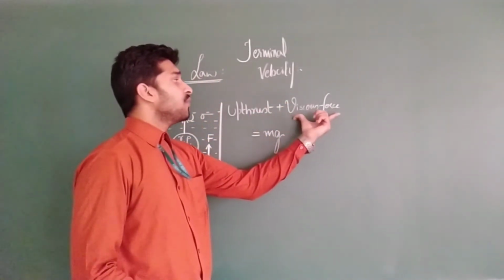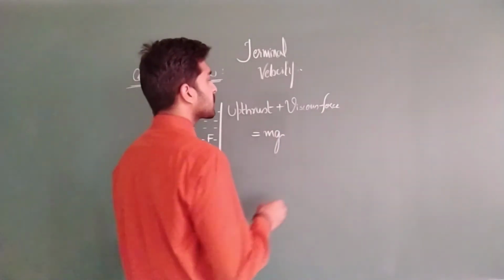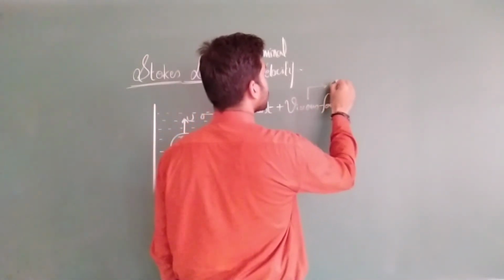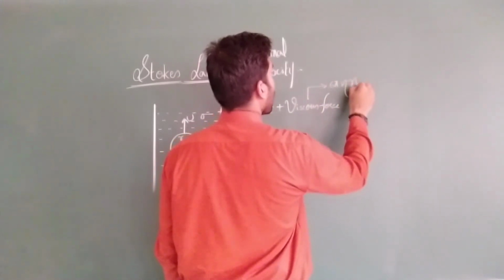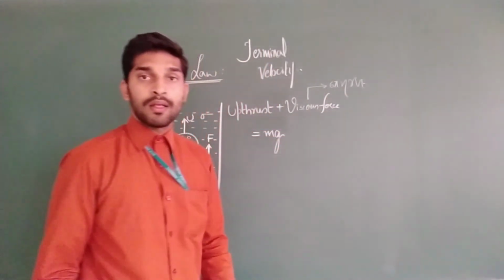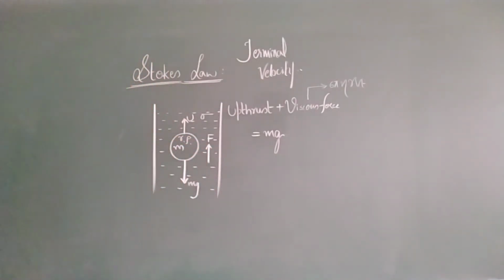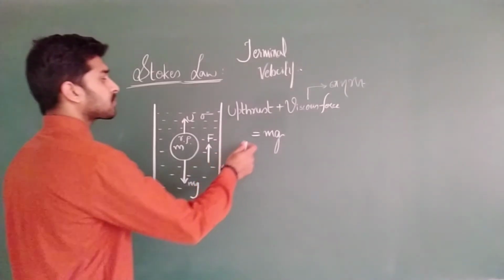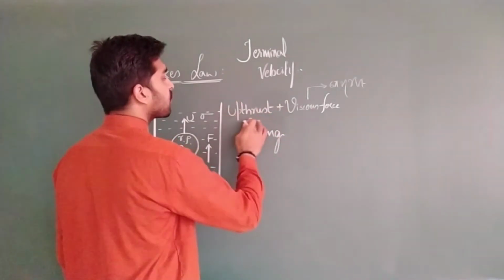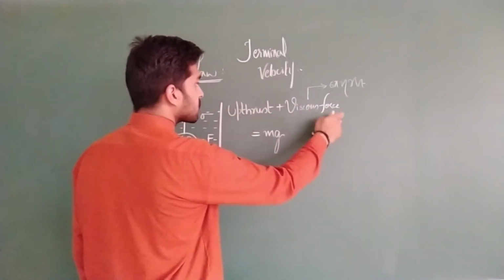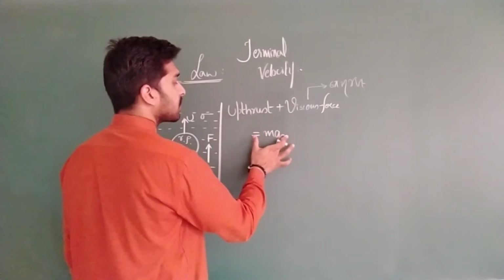Now, the value for this viscous force is 6 pi eta r v. Clear? Now we are going to write values for upthrust as well as viscous force and mg.